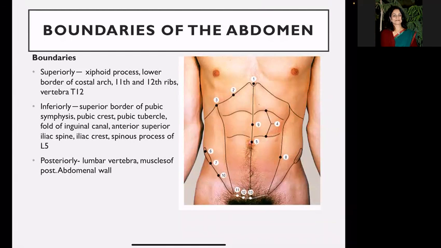So the boundaries of the abdomen: it is bounded superiorly by the xiphoid process, which is lying at the base of the epigastrium, and then on either side by the lower border of the costal arch, then the 11th and 12th ribs, and on the posterior side the 12th vertebra.